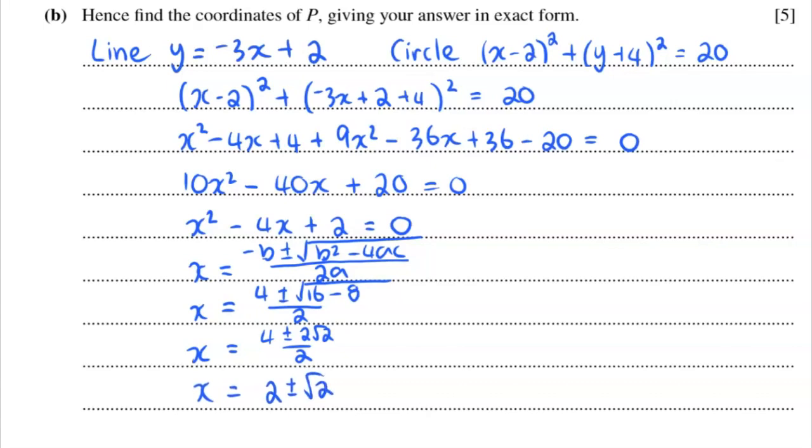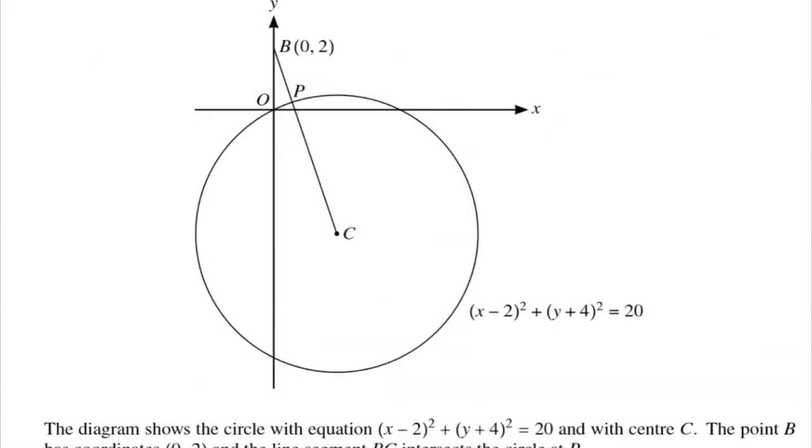Okay, but you should definitely think and remember back to the diagram. Yeah, here's the diagram. There's only one answer for the intersection, which is P. And imagine if that line extended, well, there would be the second answer. But we're not extending that line, so the only valid answer is the smaller x value, right?